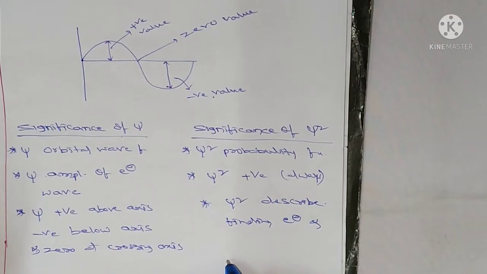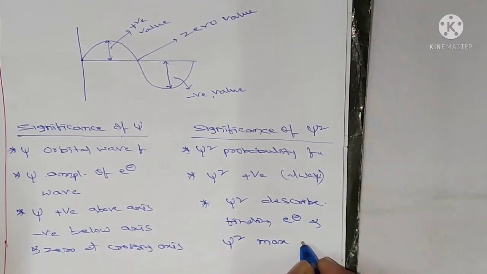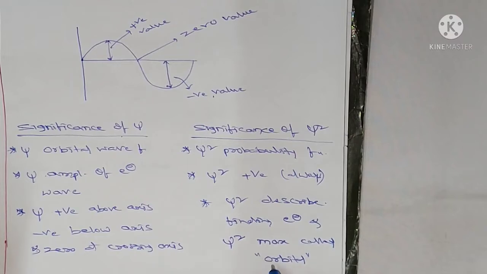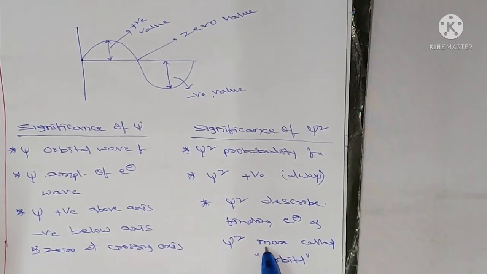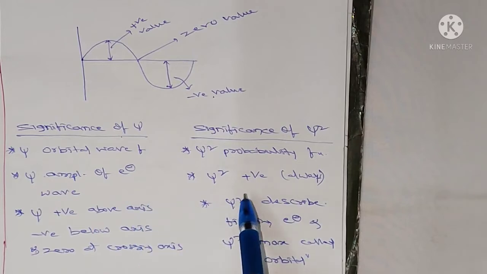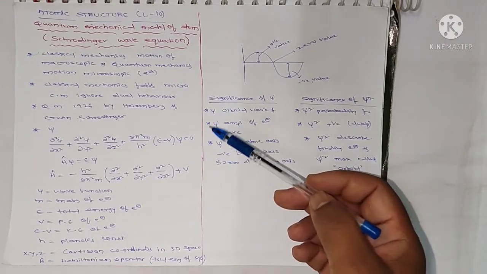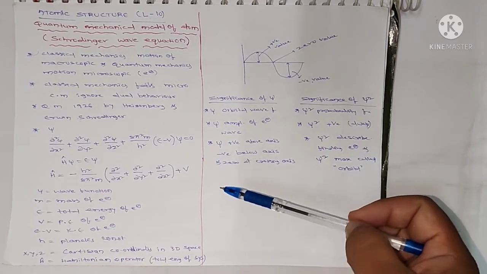And where psi square is maximum is called orbital. So this is the difference between the significance of psi and significance of psi square. So this is about quantum mechanical model of atom and Schrodinger wave equation.